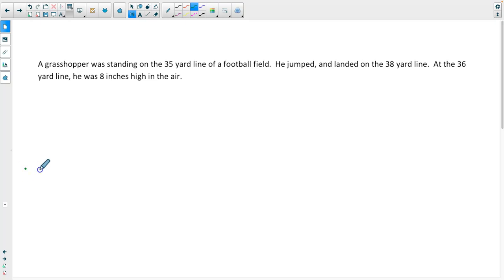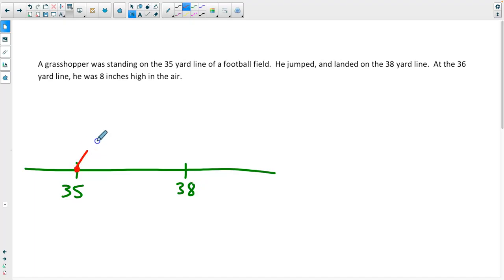So, time to draw our picture. You're not getting a grasshopper out of me, it would look terrible. So 35 all the way to 38. This little grasshopper jumps in the air. So that's kind of what our picture looks like.